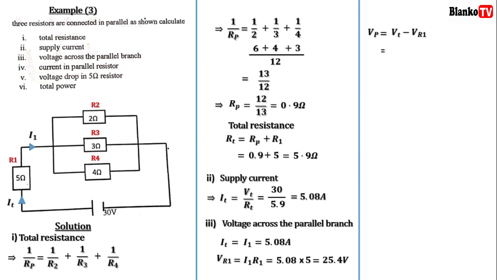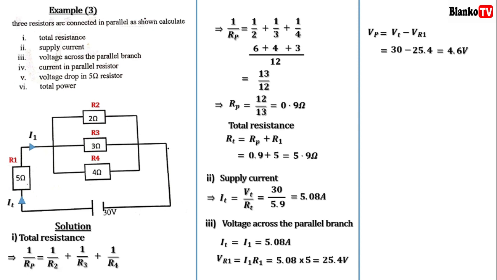So we have 30 minus 25.4, which will give us 4.6 volts. So VP, which is the voltage across the parallel branch, is 4.6 volts. I hope you are following it.